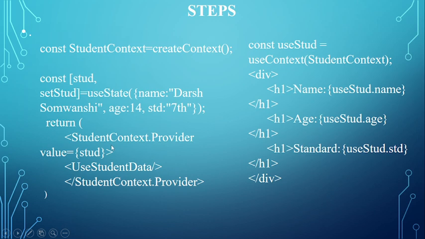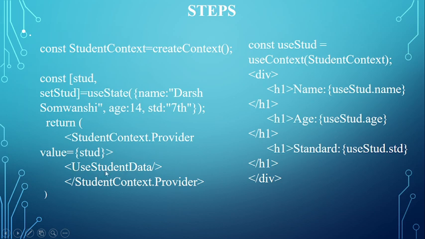For this, we simply use the StudentContext that is created, call the provider, use the attribute value, and specify your object. In between the StudentContext.Provider tags, you can call any other component that shares the data.